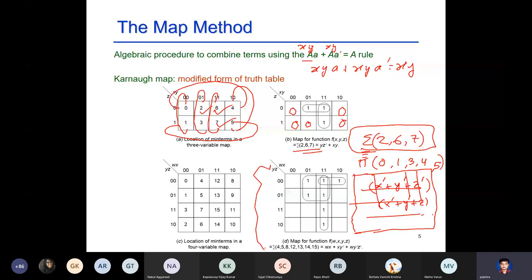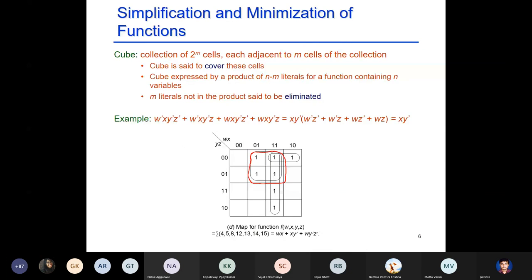So what are the rules for cube formation? First of all, cube size has to be of 2 to the power m form. It can be 2, 4, 8, 16.